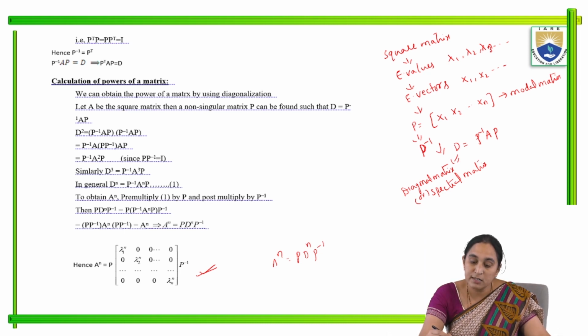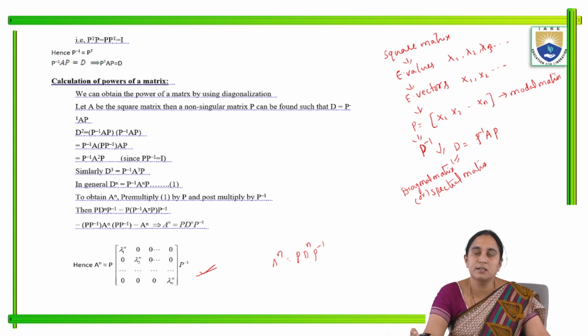The corresponding eigenvalues are the diagonal elements. After getting the answer, the diagonal elements should equal the corresponding eigenvalues. If the two are equal, then our answer is correct. That is the concept of the diagonalization of a matrix.